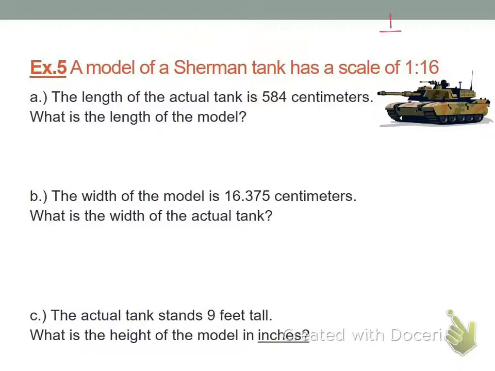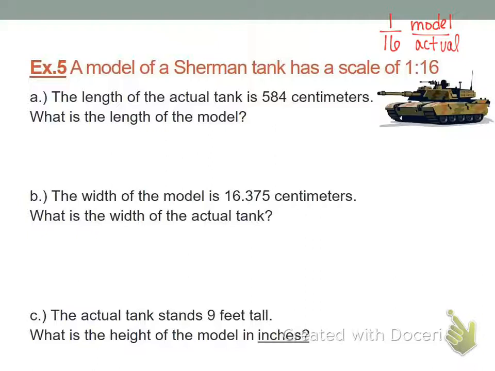So here, if we use our scale as a fraction instead, remember that the model number is always on top. The actual number is on bottom. So they're saying the length of the actual tank is 584 centimeters. What's the length of the model?